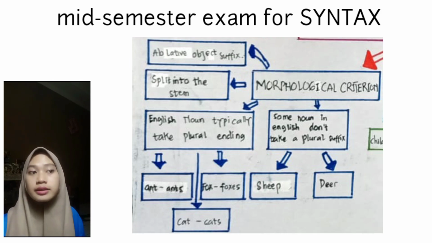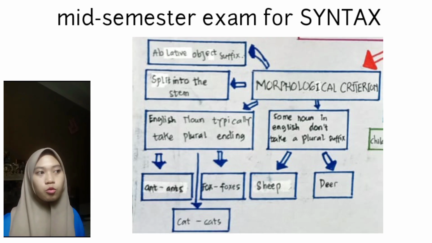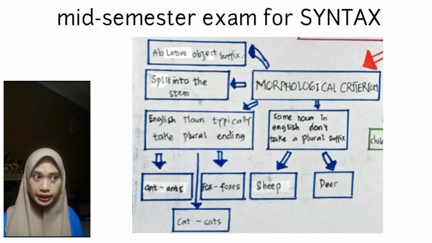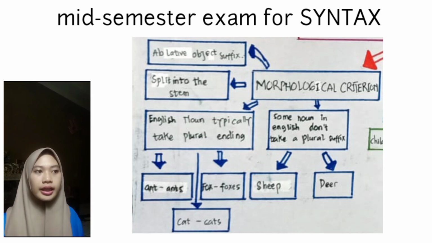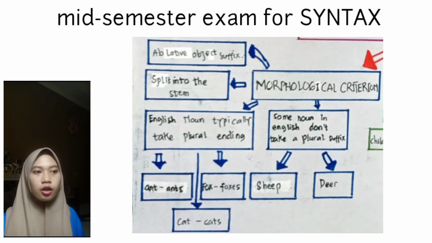Okay, next, splitting the stem refers to the process of separating a word into two parts, the root stem and the affix. The root stem of the word is the core part of the word that carries the basic meaning, while affixes are additional parts that we attach to the root of the word to change or add meaning.